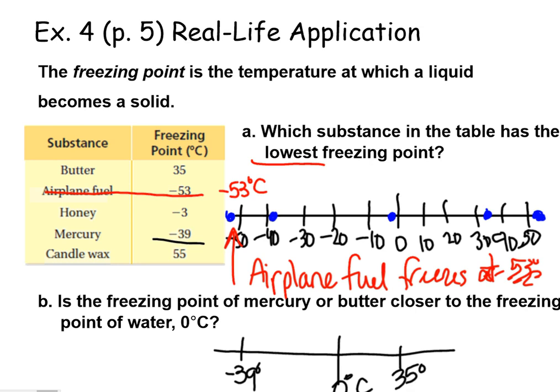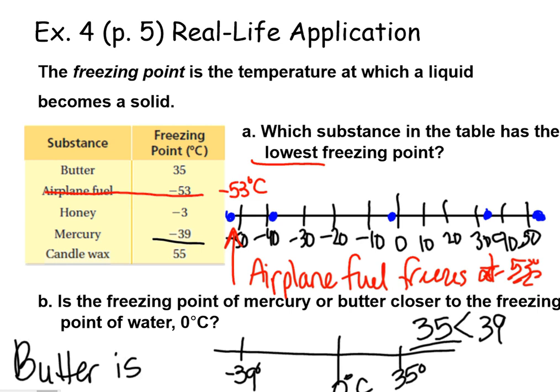Looking at the absolute value, you look to see which one has a closer distance to 0. And because the absolute value of 35 is less than the absolute value of 39, we can say that butter is closer to the freezing point of water because it is closer to 0 degrees.